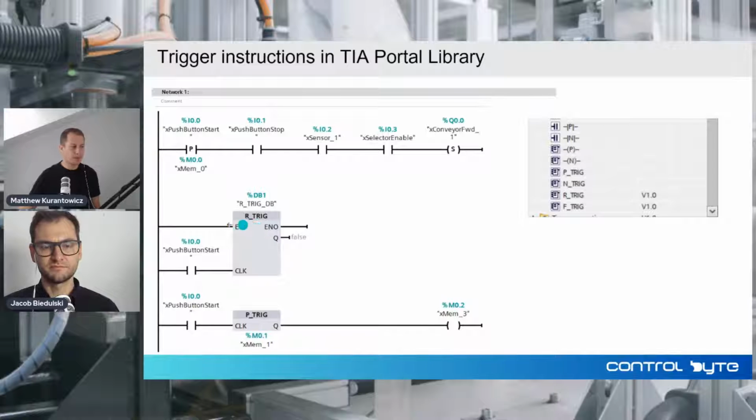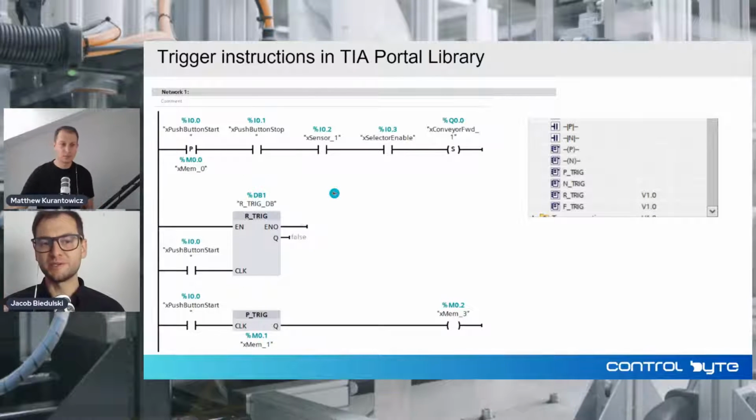If we connect here, for example, a true state, the function works properly. If we connect the false state, the R_TRIG function is disabled. It doesn't work in our program. We'll show you this in a moment.